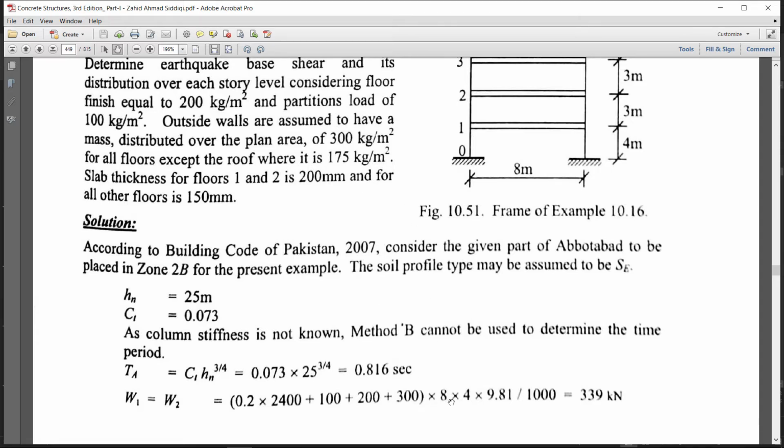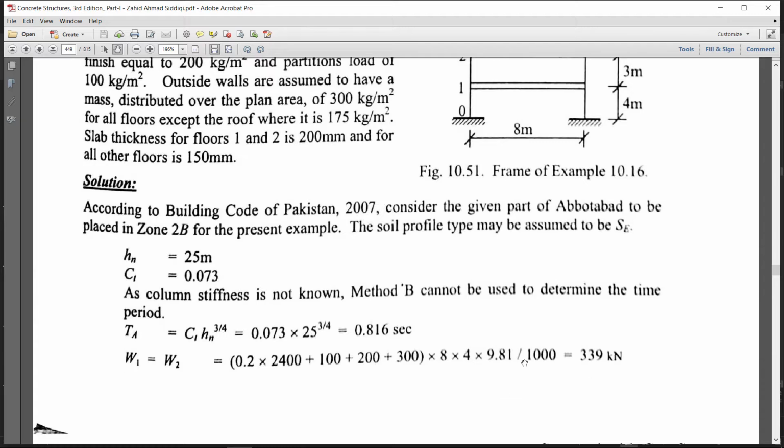Multiply by 8 into 4, the floor dimension: 8 meters in this direction, 4 meters in the other direction, to calculate the total load of the story. Multiply by 9.81 divided by 1000. Okay, the first and second story weight is 339 kilonewton. You can also verify by your calculator.